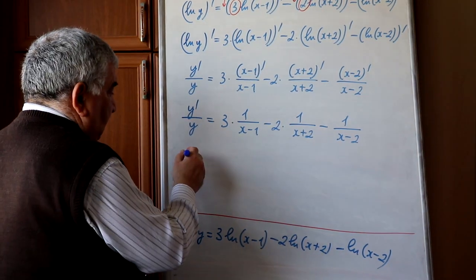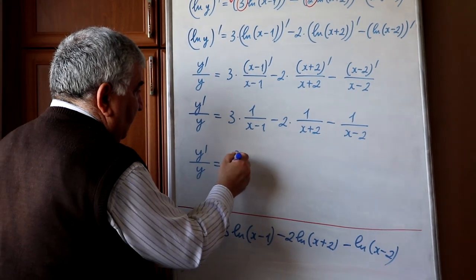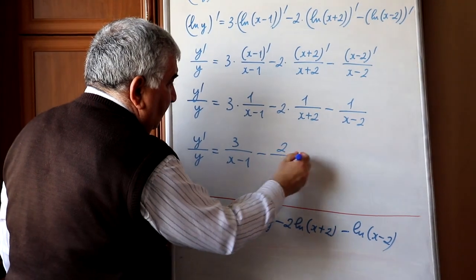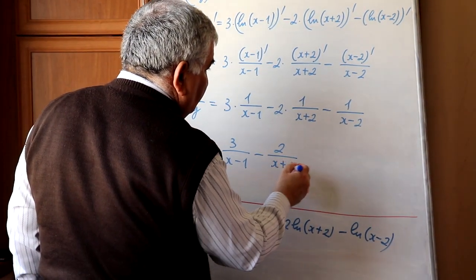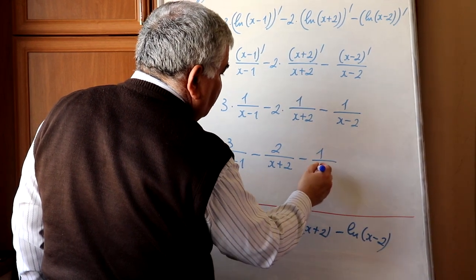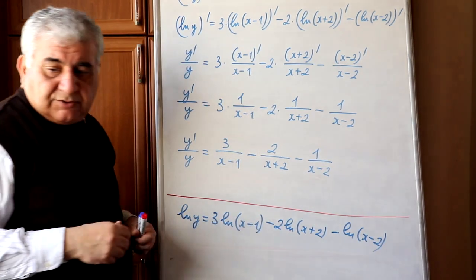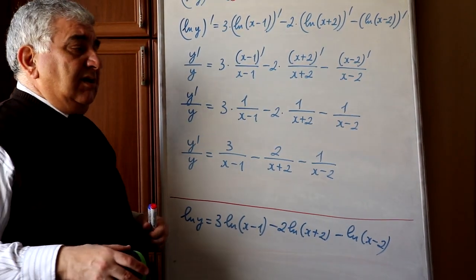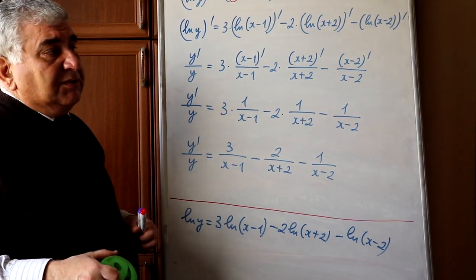Then rewrite this expression: y prime over y equals 3 over x minus 1 minus 2 over x plus 2 and minus 1 over x minus 2. Then reduce the right part to the common denominator. What is common denominator? In Azerbaijani it is ortaq məxrəc, in Russian общий знаменатель.